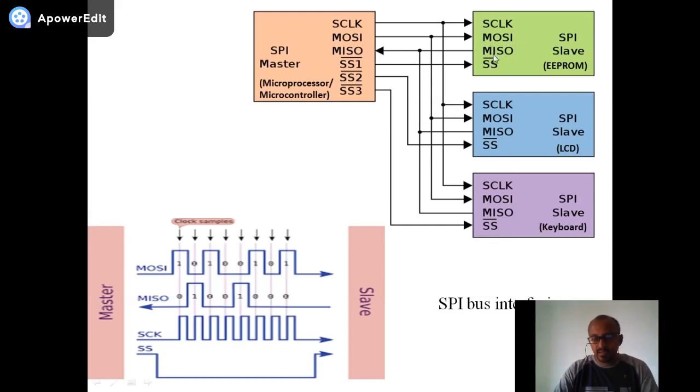MISO, master in, slave out. When the slave sends the data, the master receives it. This data is transmitted on MISO. And slave select is sent by the master; the slave it selects for communication.